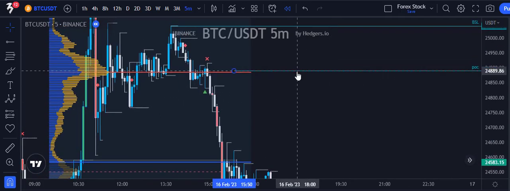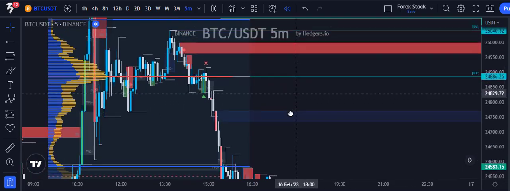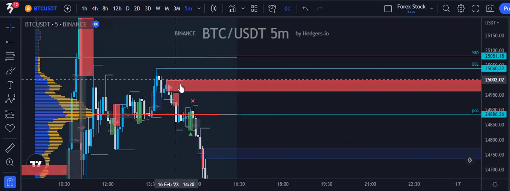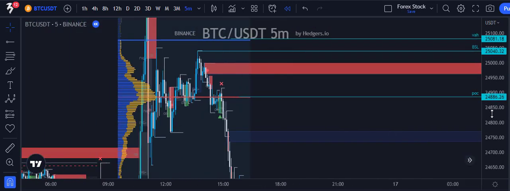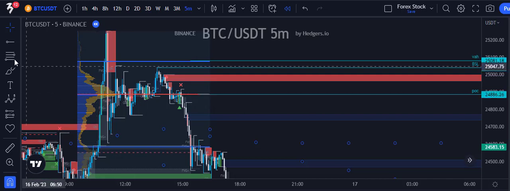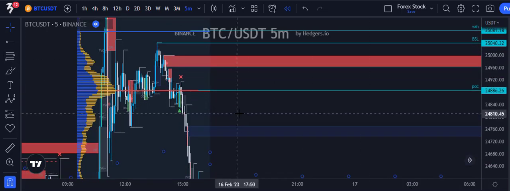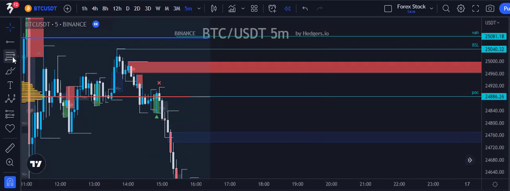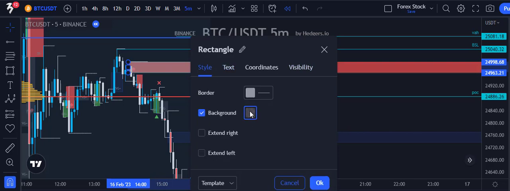Now you see, let me just, okay, so now you see here is the order block. I'm gonna mark this as well to maximize the area of interest. Okay, now I do this.